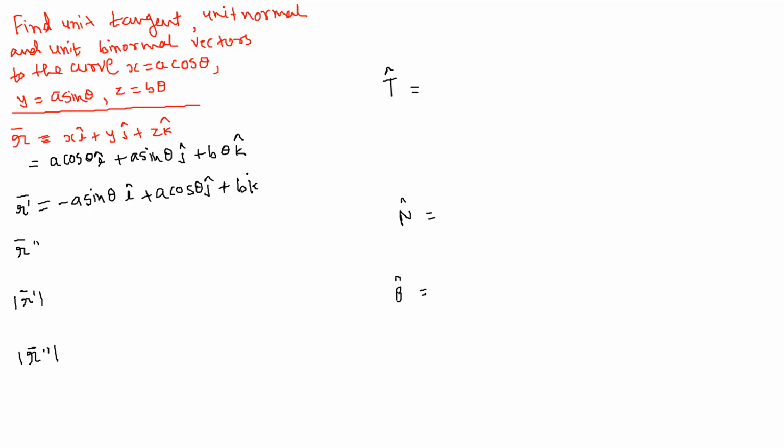Yes, now correct. What will be R double dash, Kaushal? Ma'am, minus A cos theta I cap. Sorry, minus A cos theta I cap minus A sin theta J cap.